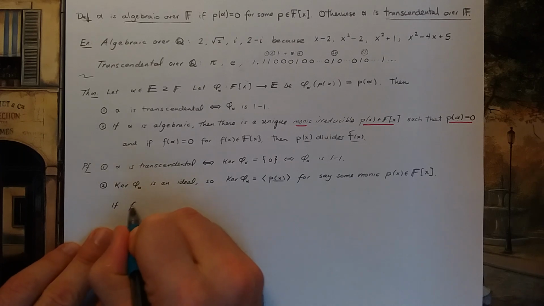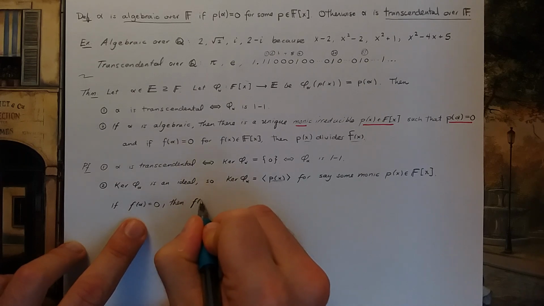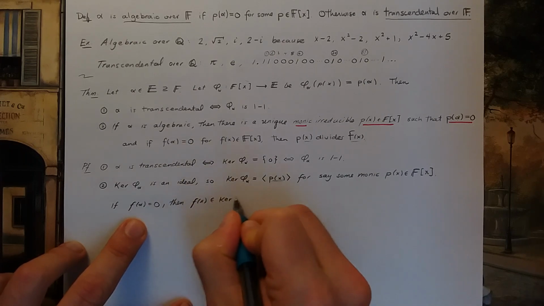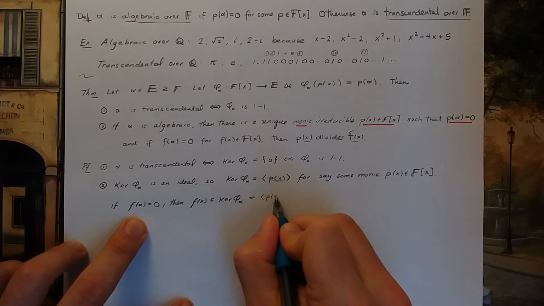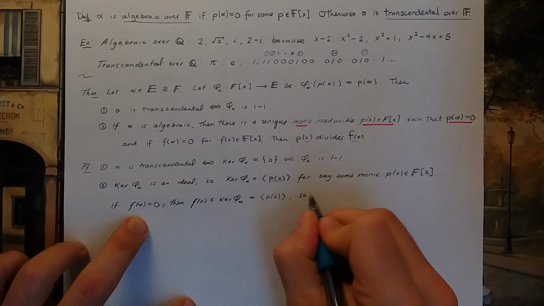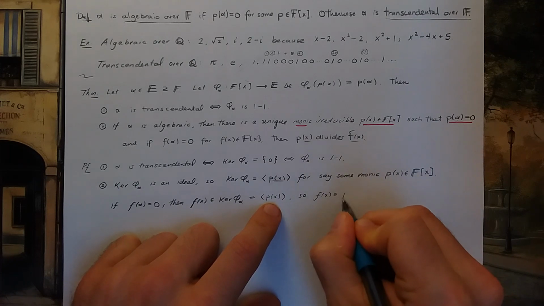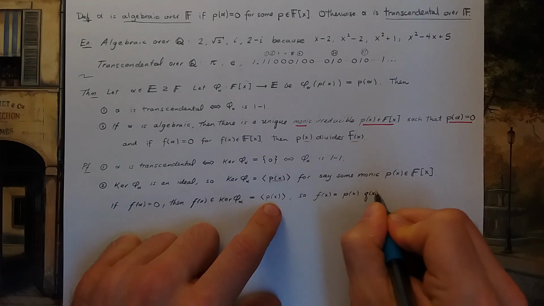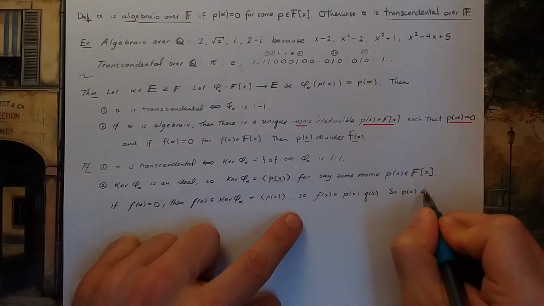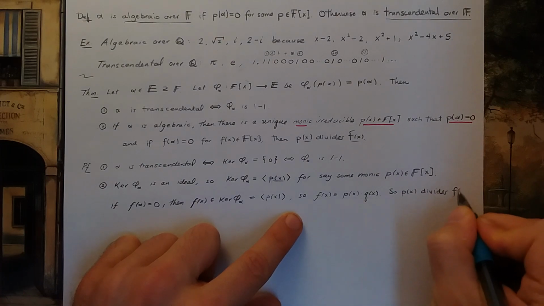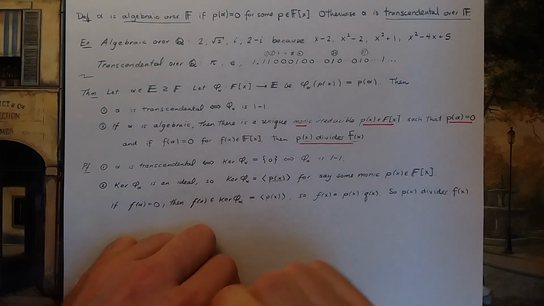If f of alpha is 0, then that's the same condition as f of x being in the kernel, and the kernel is generated by this monic polynomial, and what this ideal means is that f of x is p of x times something else. So p divides f. So now I've proved this condition.